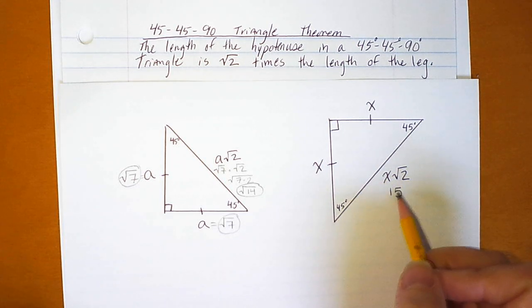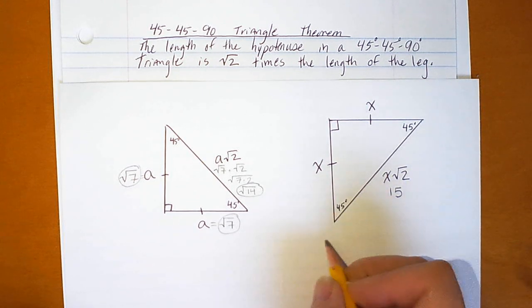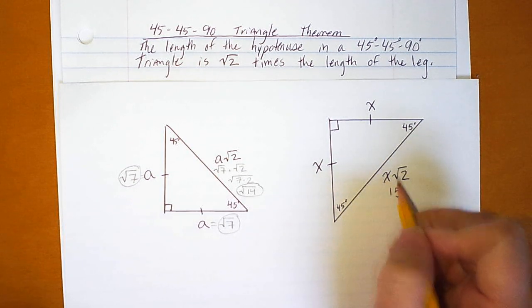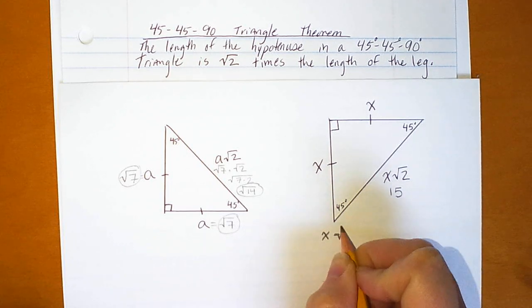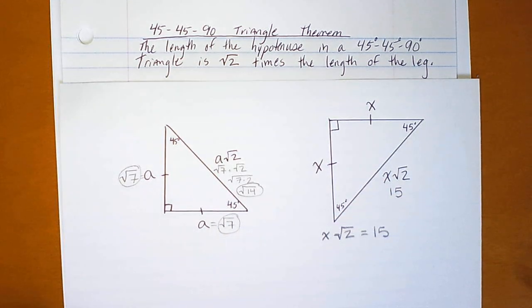This isn't divisible by 2, and so it makes it hard to find this factor of root 2 in there. So what I'm going to do is set up an equation using these two pieces. These are both equivalent to each other. And say that x root 2 is equal to 15. And now that I have that equation, I'm going to actually solve for x.